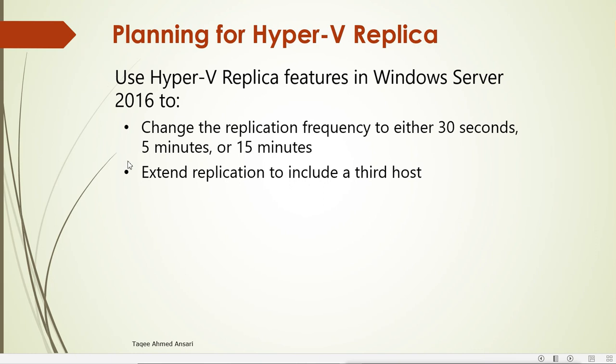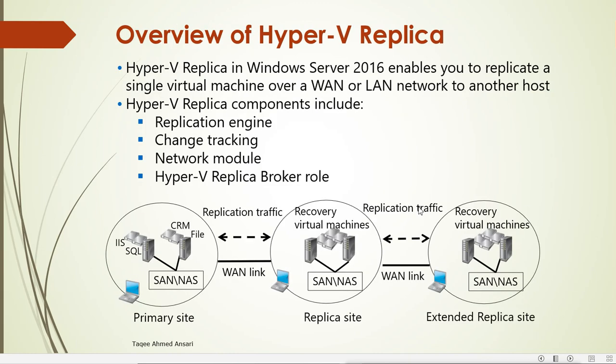Then we can extend replication to include a third host also. That means we create one primary site. This is the site where the main virtual machines are. Then for recovery, we create the recovery virtual machines in a replica site. We can create another replica site of the replica site.